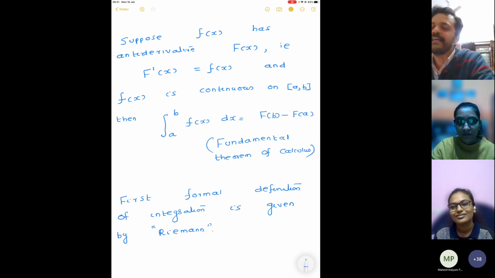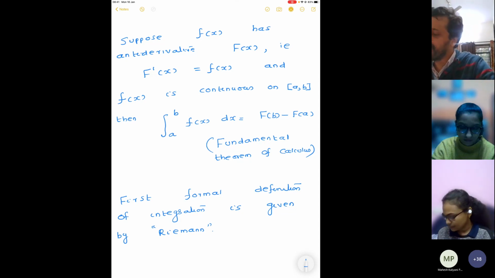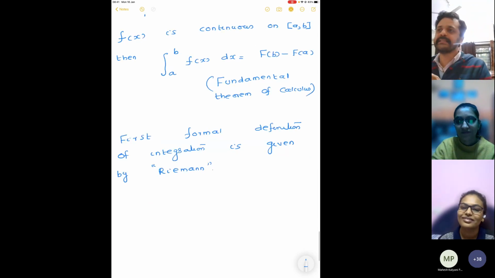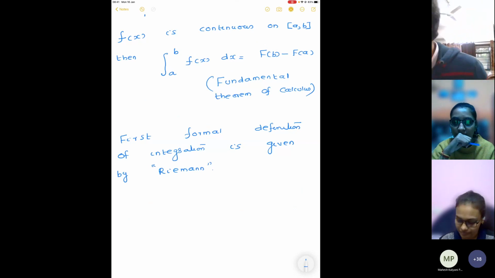Whenever he introduces some concept, he compares it with day-to-day life and tries to make us understand what is happening. In that way, I always enjoy K.D. Joshi's book, but unfortunately he doesn't have a book in measure theory. In topology he has, in calculus he has. Okay, so let us go further.